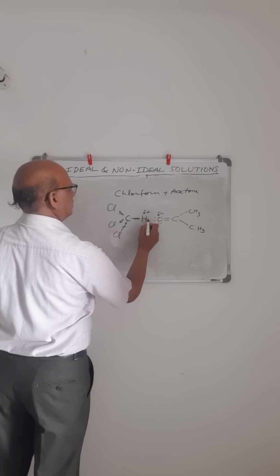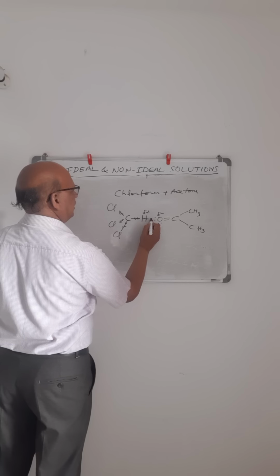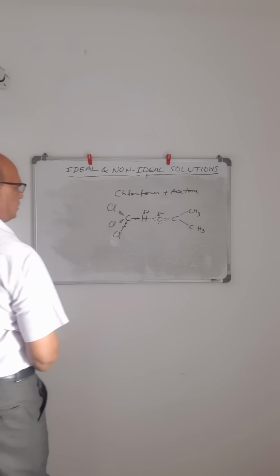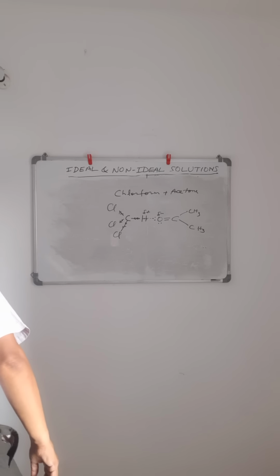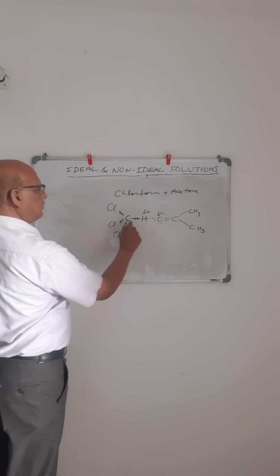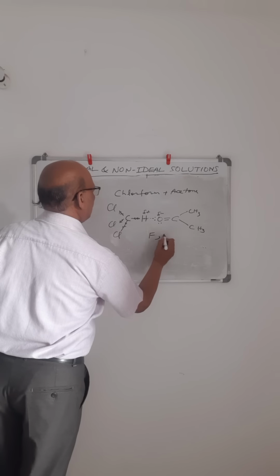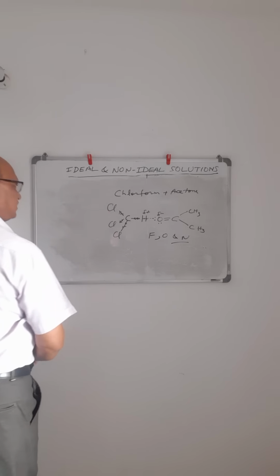Okay, so this hydrogen, which is electron deficient, will make hydrogen bonding with this oxygen because it has two lone pairs. So that is how this hydrogen bonding occurs between chloroform and acetone, even though the carbon is not connected with any of fluorine, oxygen and nitrogen. Okay, so this is a special example.